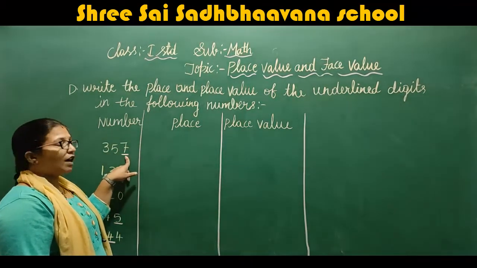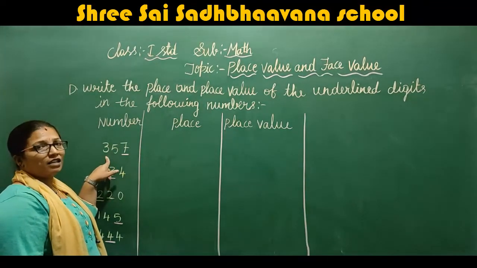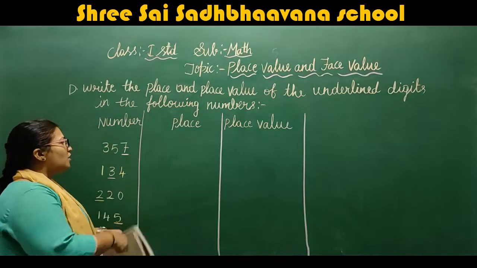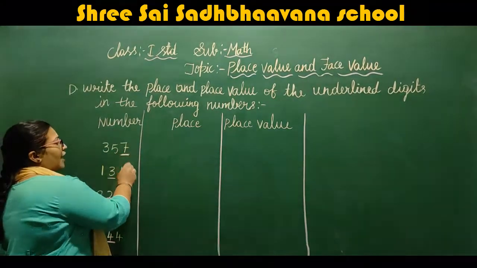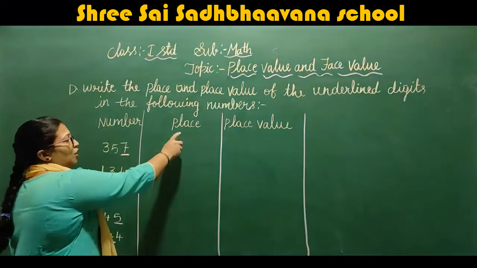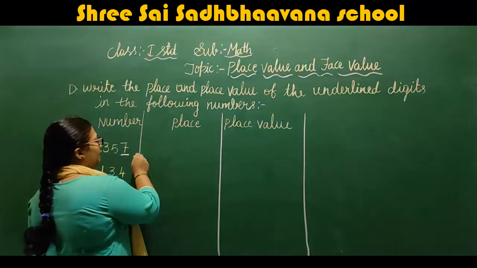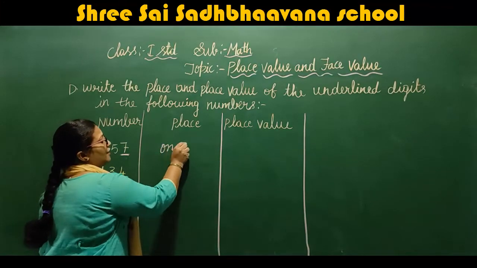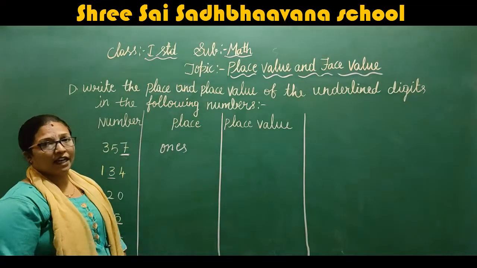So 7 is in the ones place, 5 is in the tens place, and 3 is in the hundreds place, right? So what should you write? They underlined 7 here. In which place is it? You should write which place it is. It is in the ones place.